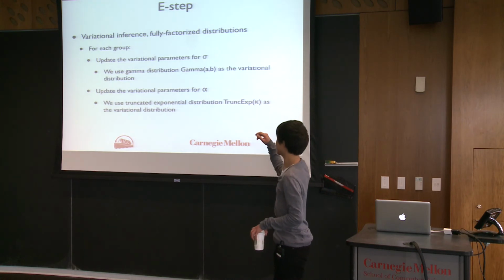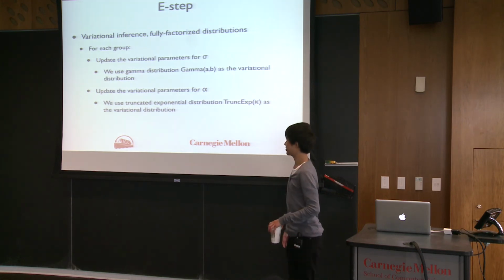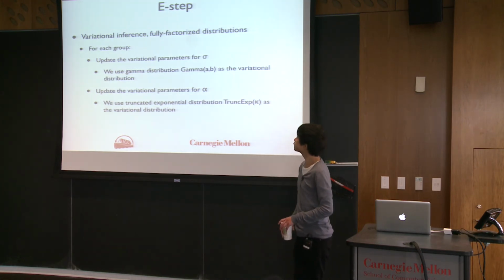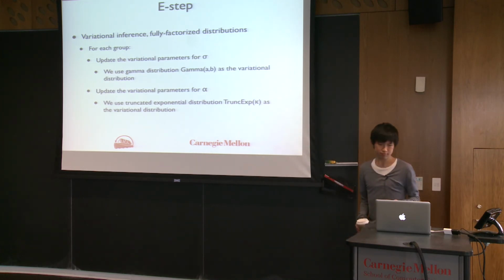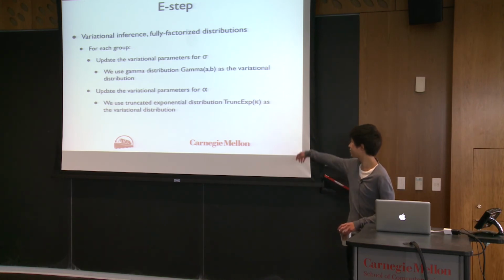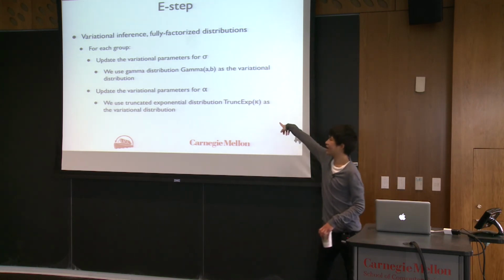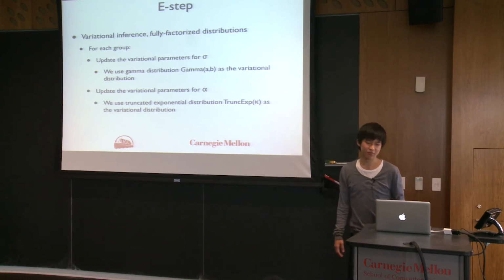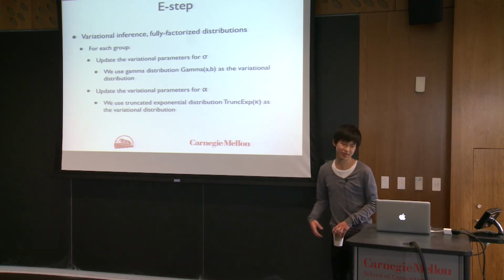So we decided we're going to use gamma distribution and truncated exponential. This is the step, basically. And there are no closed form updates for A and kappa, so we do numerical optimization for every step. For B, there is a closed form update.